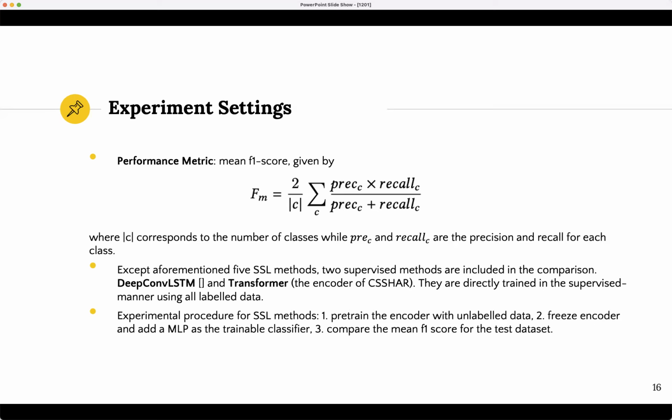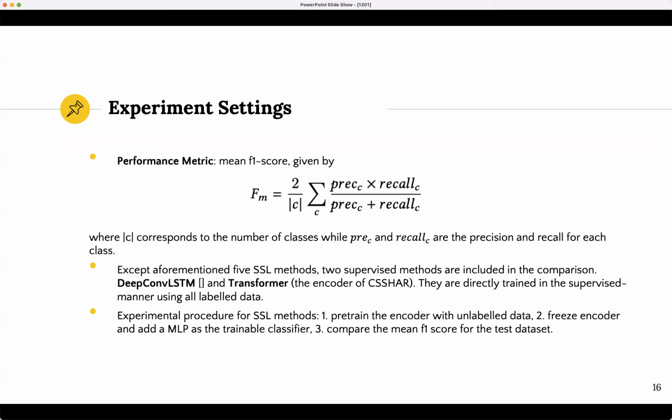And the experimental procedure for the SSL methods includes 3 parts. The first one is to pre-train the encoder with unlabeled data. Then you freeze the encoder and add a classifier; basically they all use an MLP as the classifier. It's simple, but it's powerful.